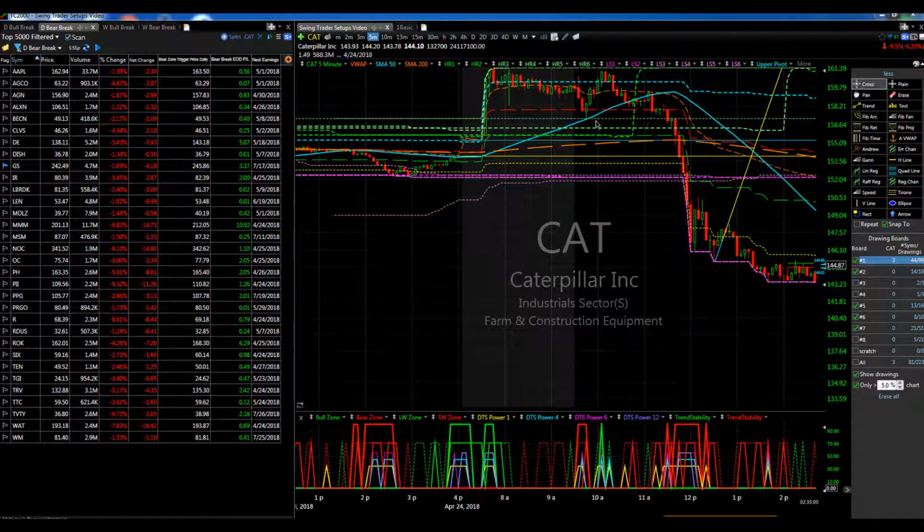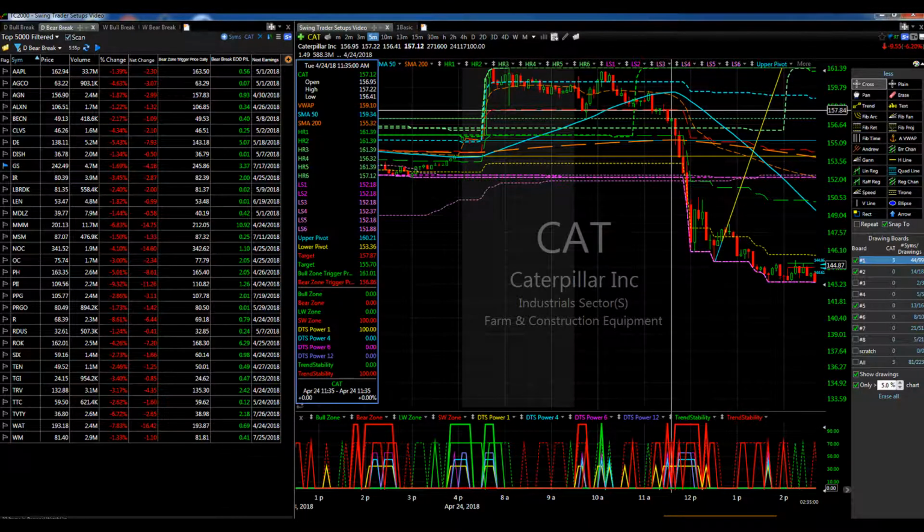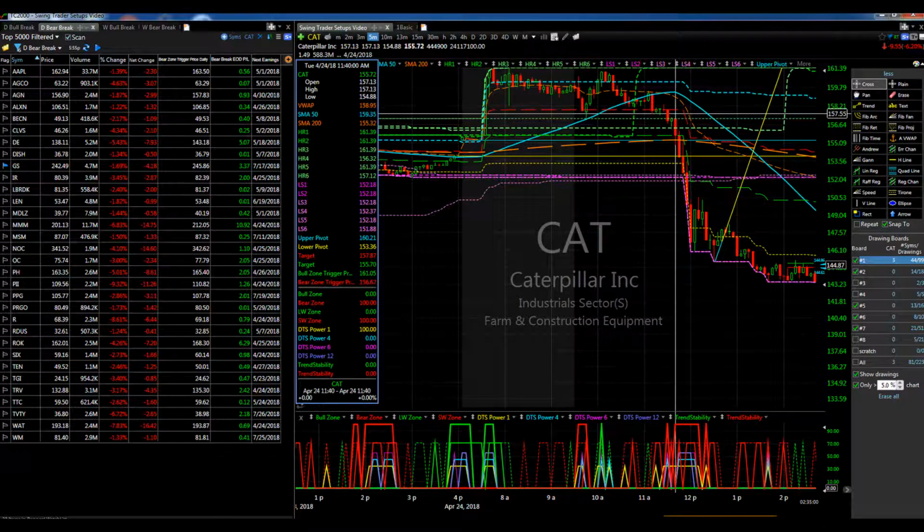And then when you get back down here to this 157.12, it failed it. It went down to the next recent high, got real close to that, and went back and retested the 157.12. Made a high there on that 5-minute candle at 157.22. It closed at 157.12. The next candle opened at 157.13 and went straight down.